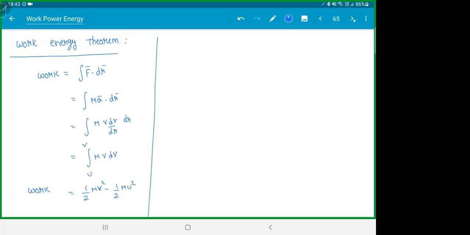So this will give you something pretty important. The work done by all forces is the change in half m v square minus half m u square, which is the change in kinetic energy.